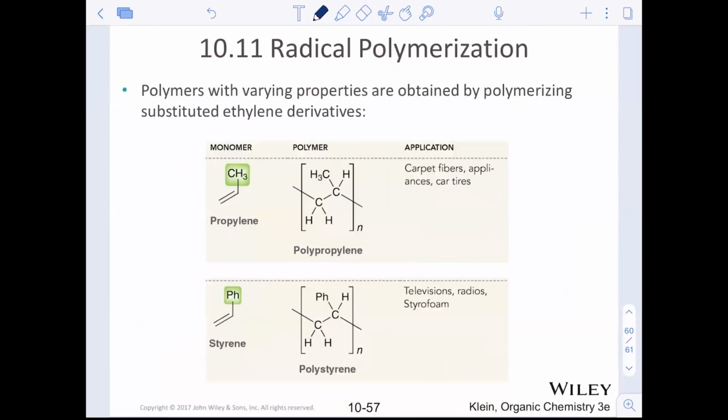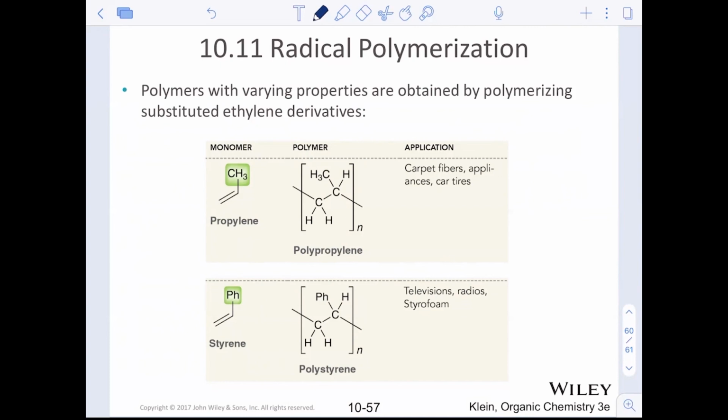Just to present some of the real life applications, propylene, or 1-propene, 3 carbons with an alkene. That monomer can be used to make a polymer that is used in carpet fibers or appliances, car tires too. Styrene, it's the carbon-carbon double bond with a phenyl or a benzene ring attached to it.